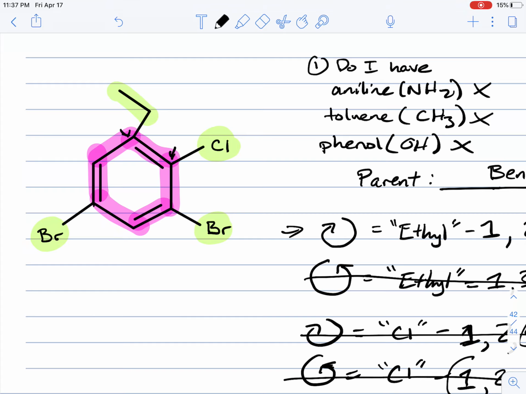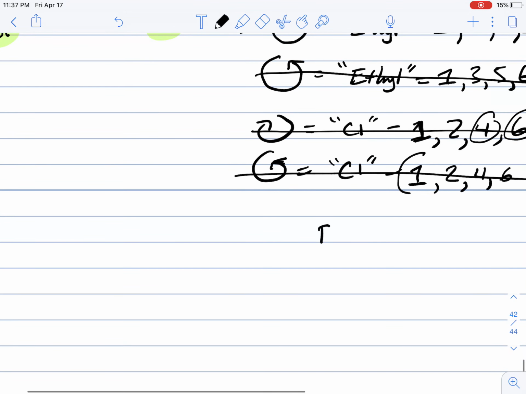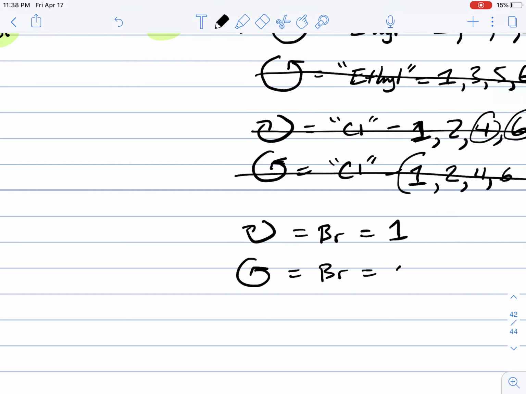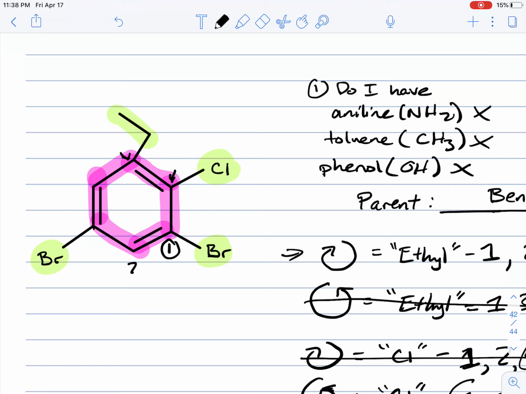So let's just say that we're going to make bromine carbon number 1. So if bromine is carbon number 1, then I can go clockwise or counterclockwise. And so if I do clockwise, that's 1, 2, 3, 4, 5, 6.